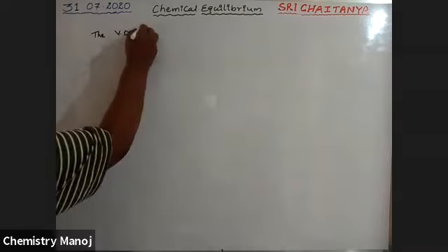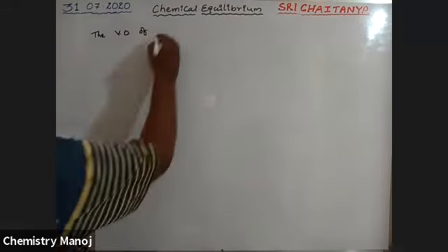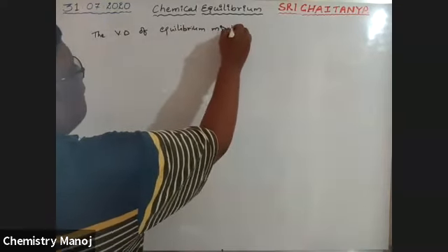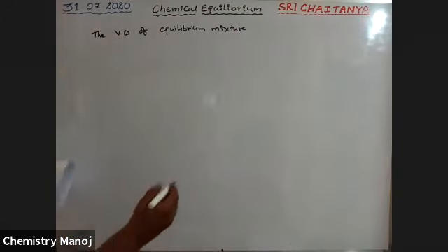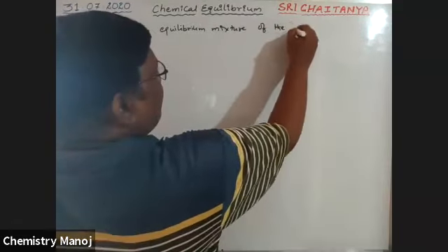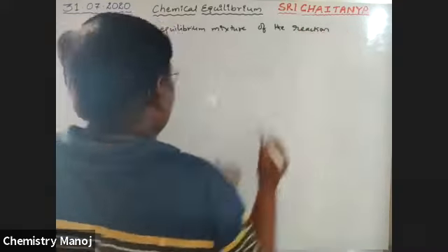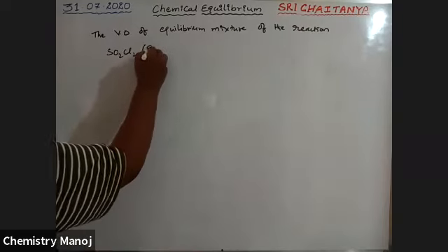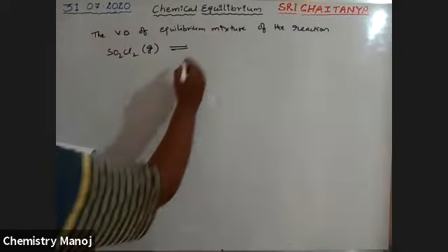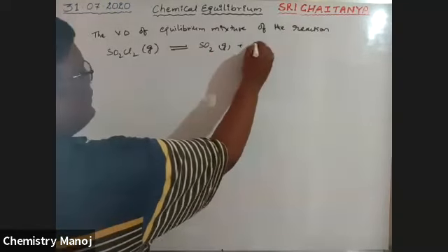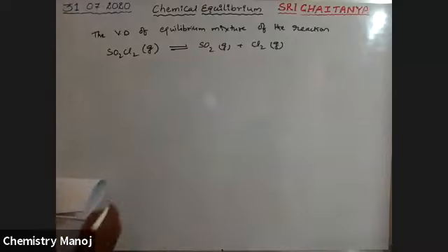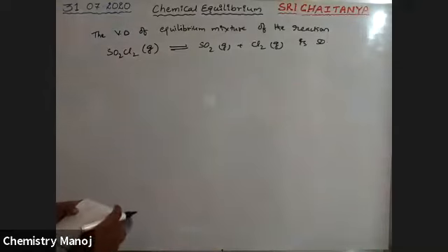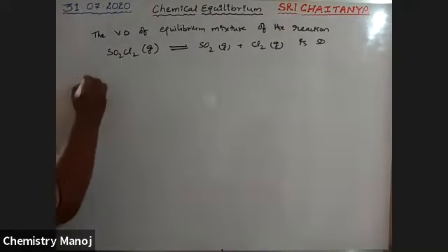The vapor density of the equilibrium mixture of the reaction SO2Cl2 gas reversible with SO2 gas plus Cl2 gas is 50.